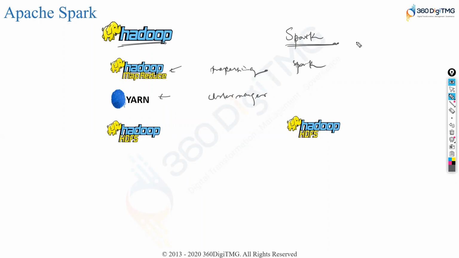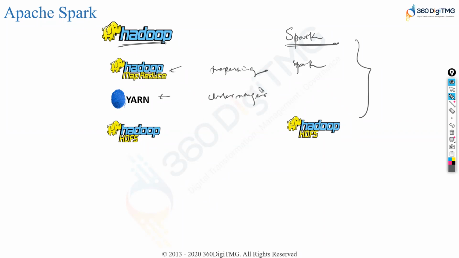So if you look at Spark, do I have any cluster manager? No. For Spark, we do not have an inbuilt cluster manager software like Yarn. Hence, we use Spark on top of Hadoop.